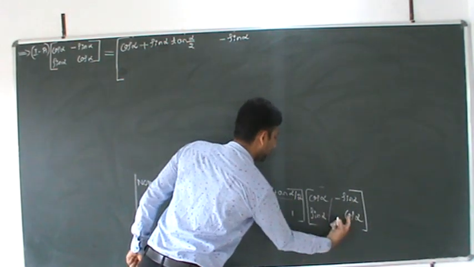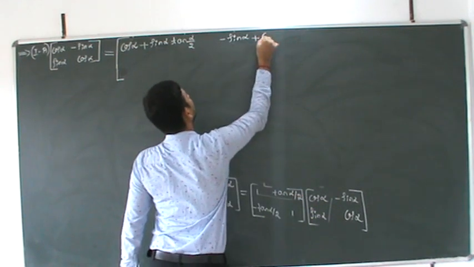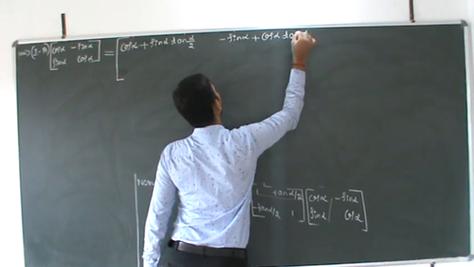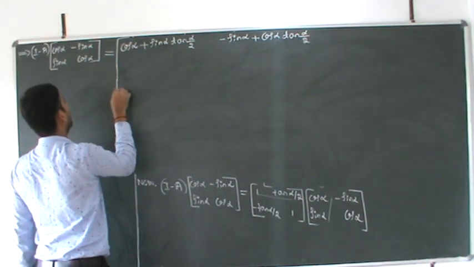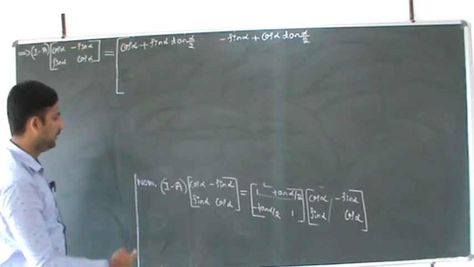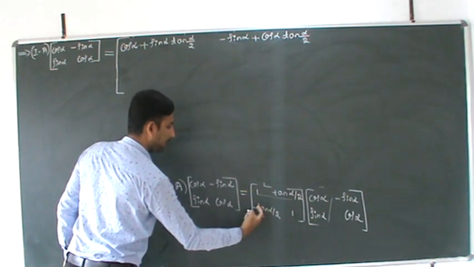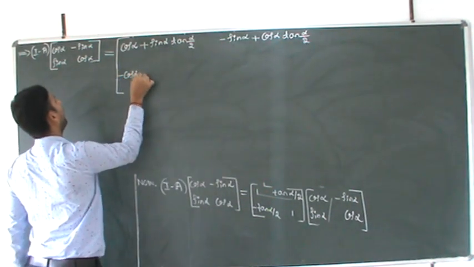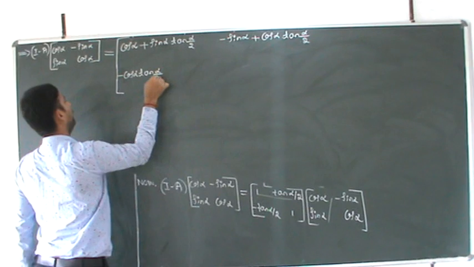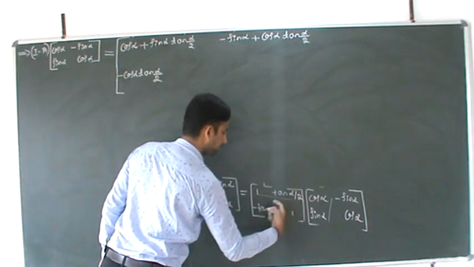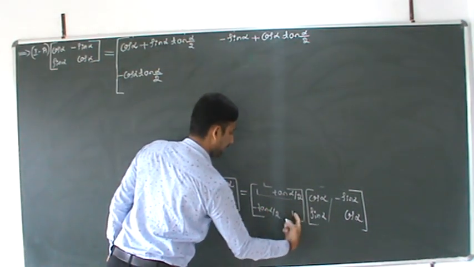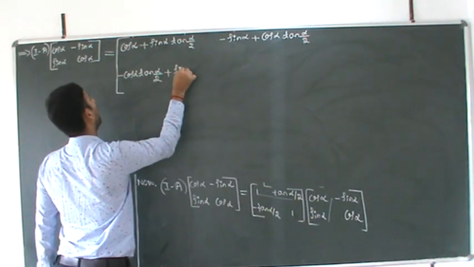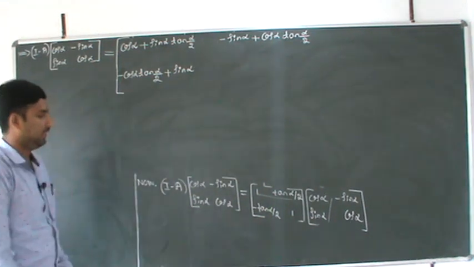After that, cos alpha into tan alpha by 2 plus cos alpha into tan alpha by 2. After that, sin alpha into minus tan alpha by 2 into cos alpha, that is minus cos alpha tan alpha by 2, minus tan alpha plus sin alpha, plus sin alpha.